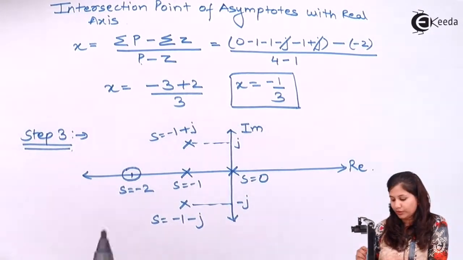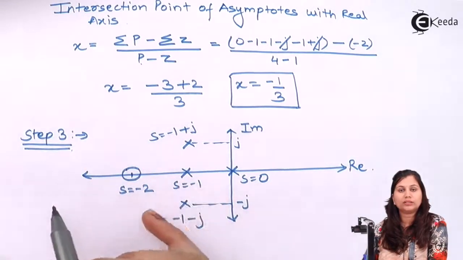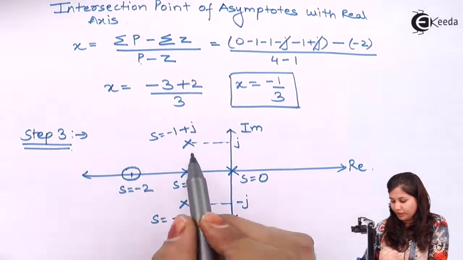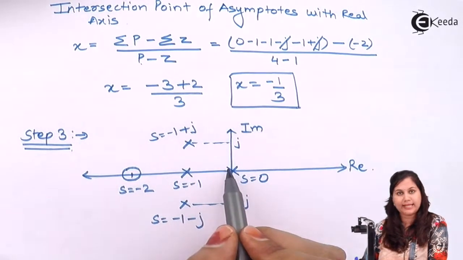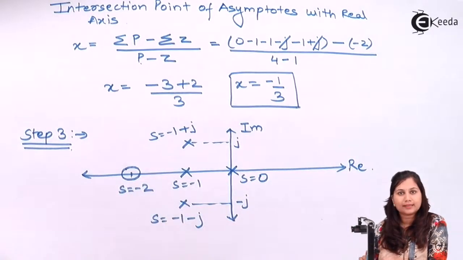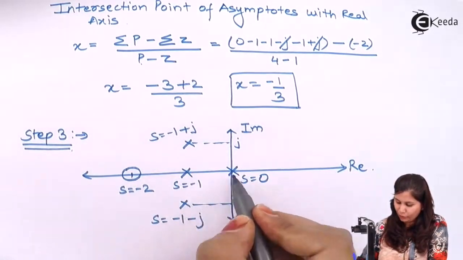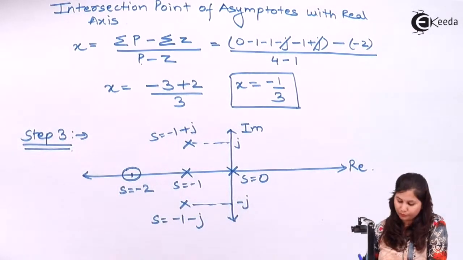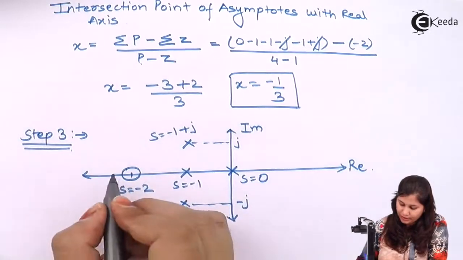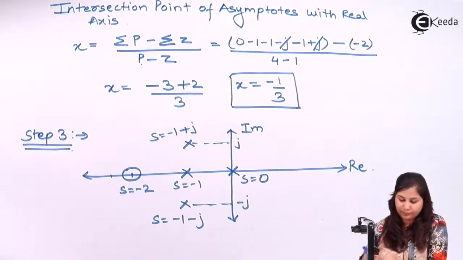Whenever we have to denote the poles and zeros on the S plane, then we denote the poles by the cross sign and zeros by the circle. So this is a zero, this is a pole. We are having 4 poles and 1 zero. Now for direction, we take a point here.